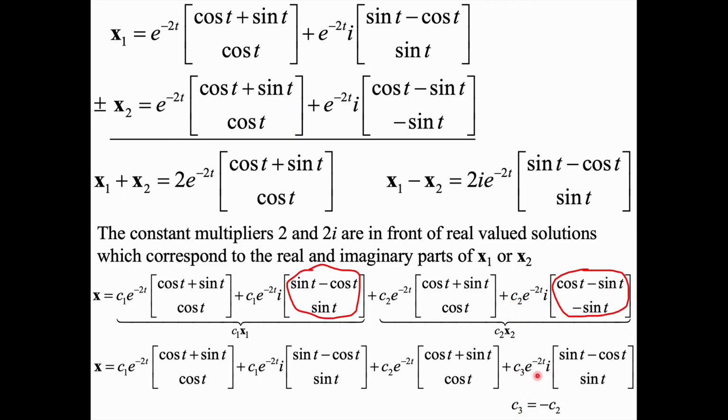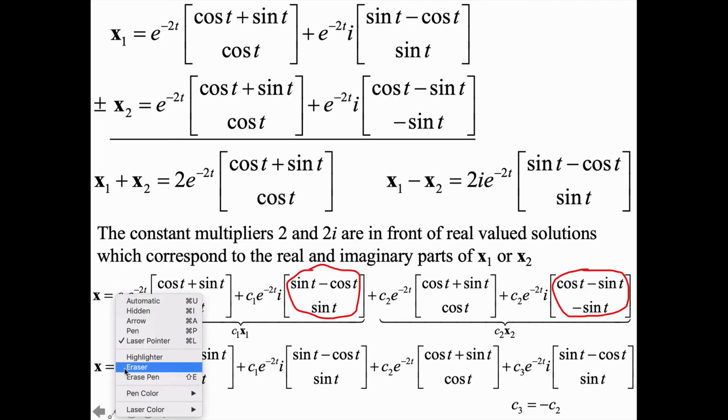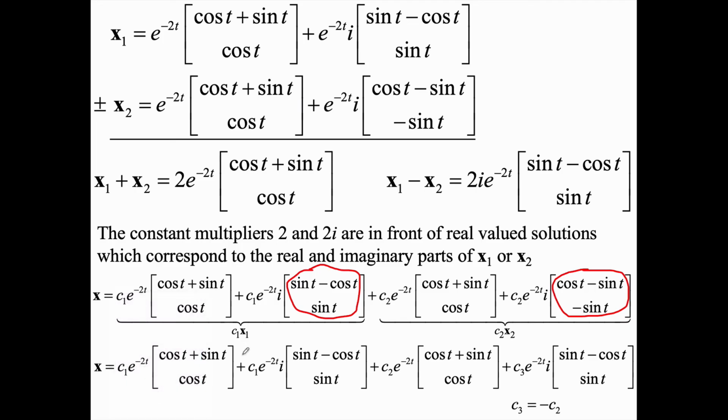So really, when we look at these two solutions, when we look at constant times x1 vector, which was this piece, and then constant times x2 vector, which was this piece, you can see that both x1 and x2 really involve the same real eigenfunctions.